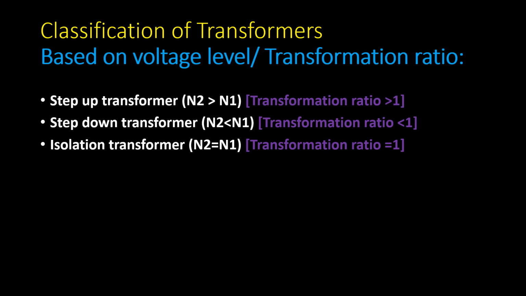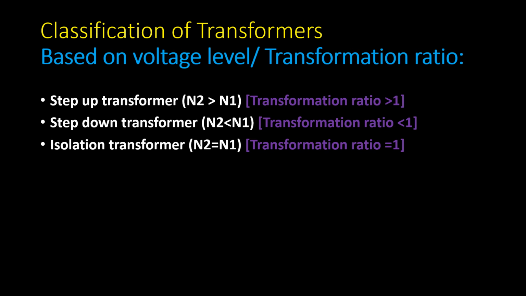Now just the reverse of it, we have the step down transformer. In a step down transformer, we reduce the voltage level. Just consider again the same example of the distribution transformer. On the primary side we have 11 kV, and on the secondary side we have either 415 volt or 230 volt only.